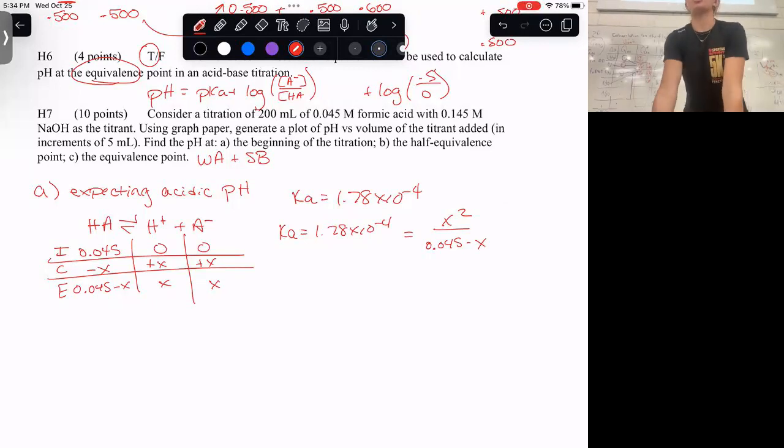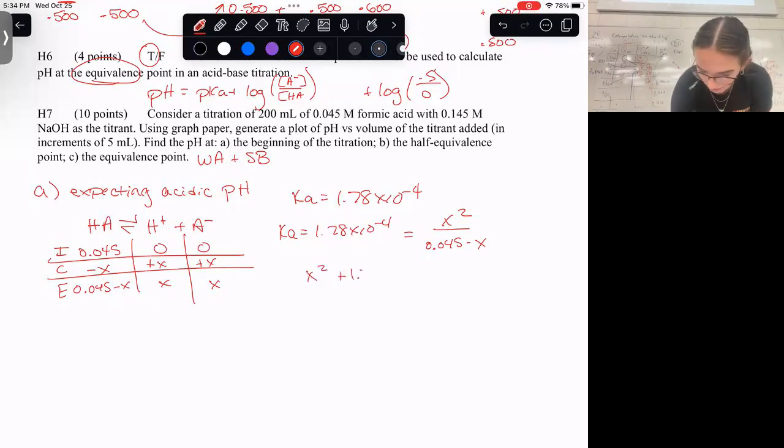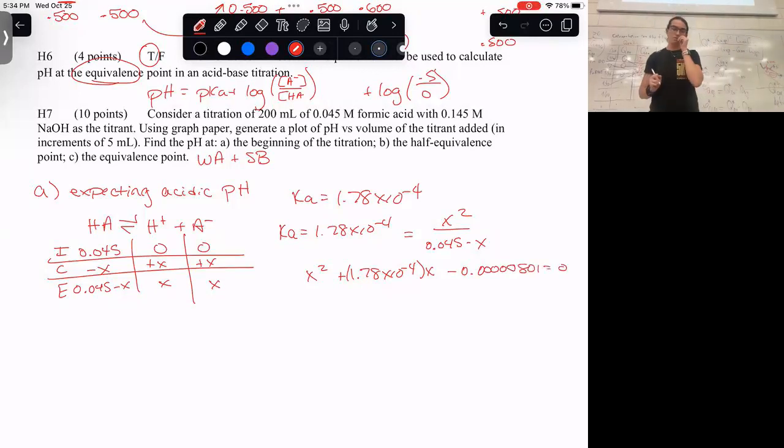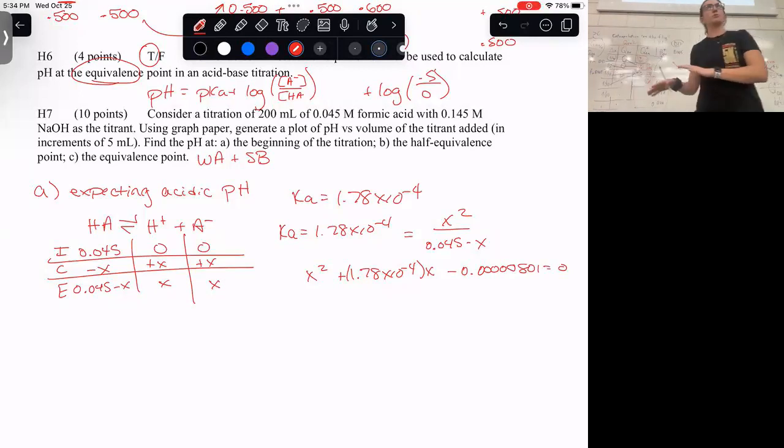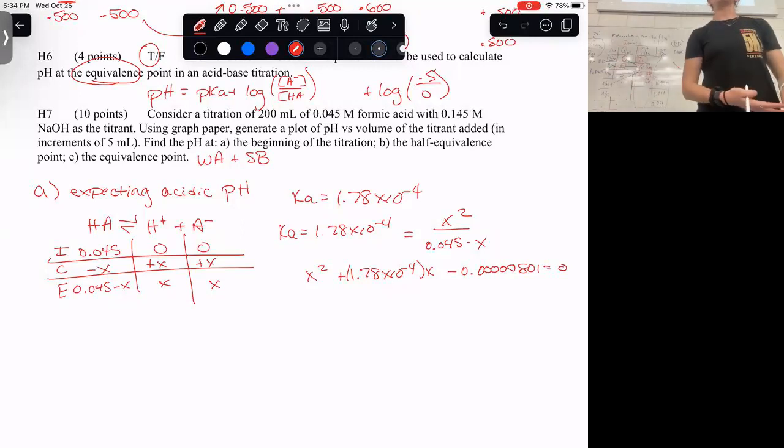We can cross multiply, distribute, and rearrange to get X squared plus 1.78 times 10 to the minus 4 times X minus 8.01 times 10 to the minus 6 equals 0. We got this from cross multiplying your denominator times your Ka value, distributing, and making it equal to 0, where X squared is positive.